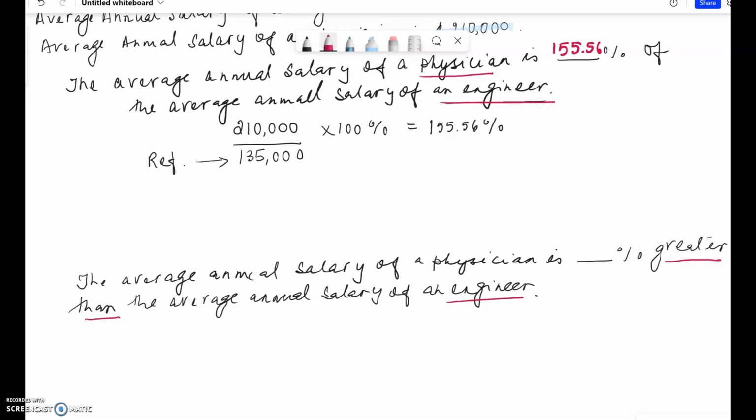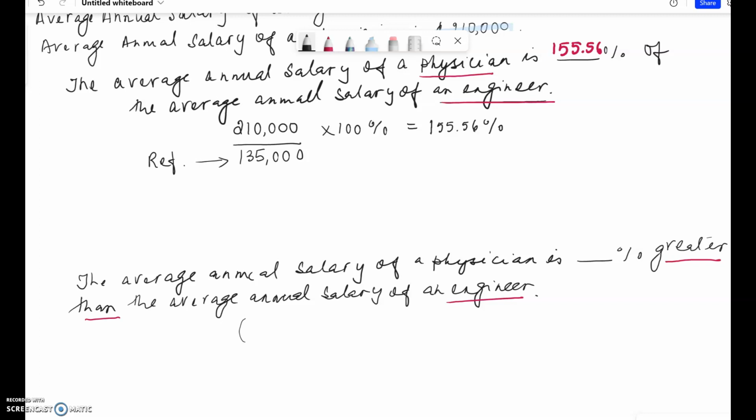So the average annual salary of an engineer is our reference number, but we want to find out the amount by which the average annual salary of a physician is greater than that of an engineer.